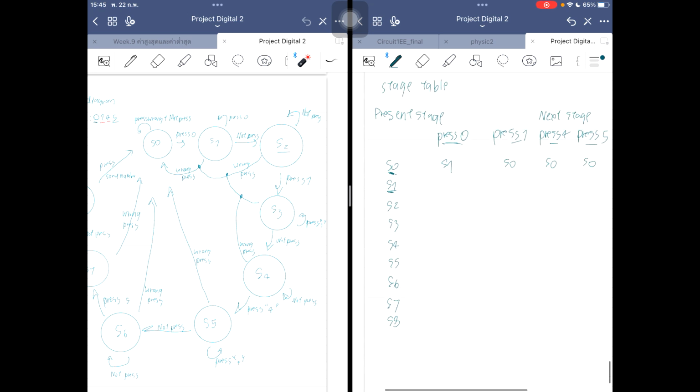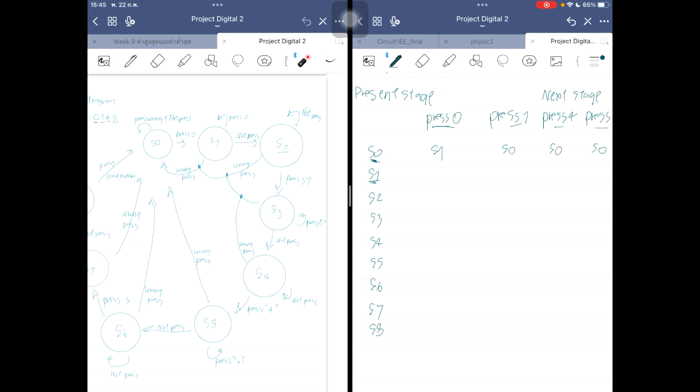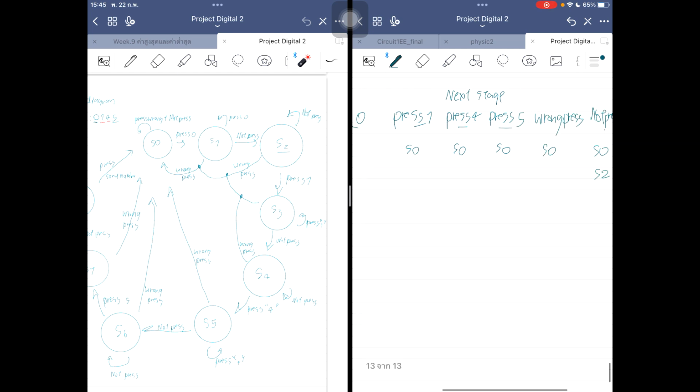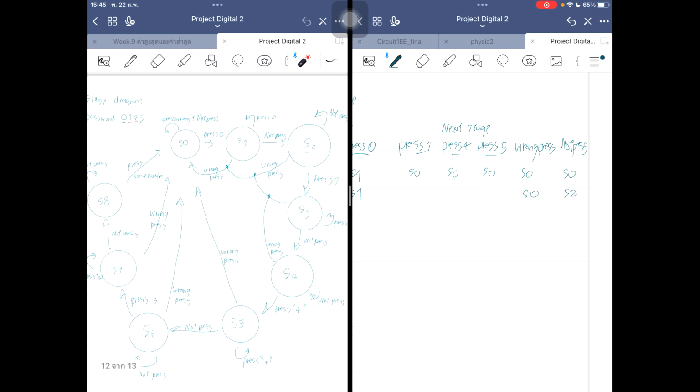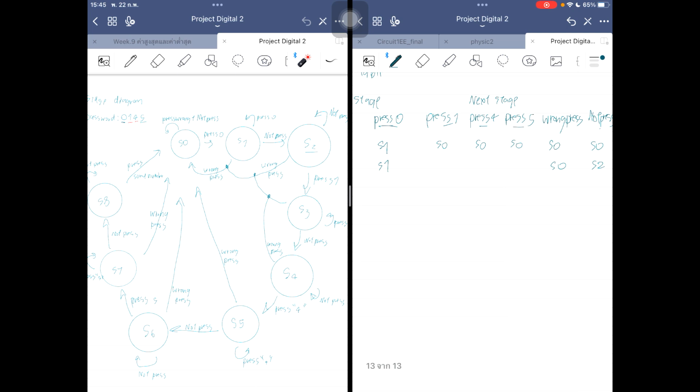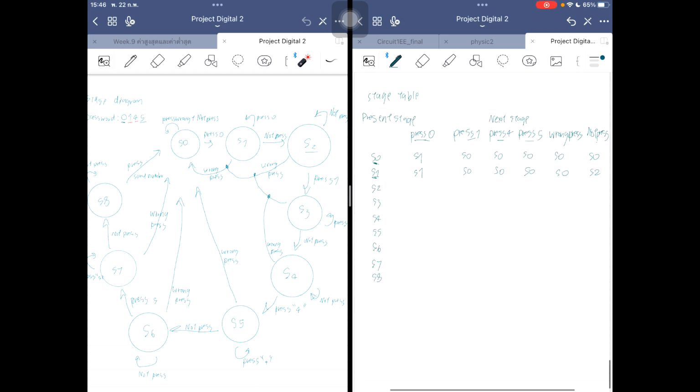When you still hold the button, it will stay in state 1. And when you press wrong, it will go to state 0. In my state diagram, when I press wrong, it will go to state 0. And press 1, press 4, press 5 are in the wrong press case too, so they will go to state 0. Okay, then I finish state 1.